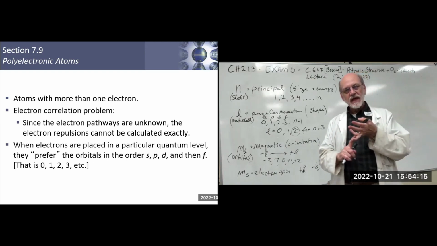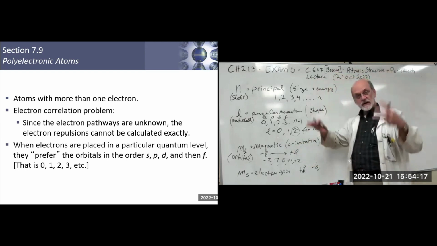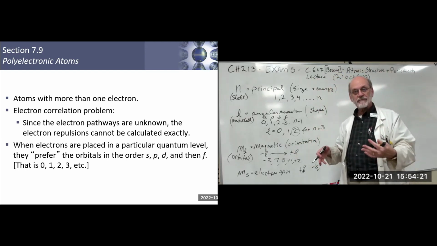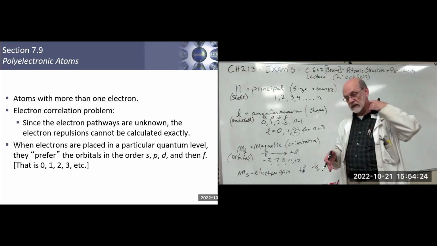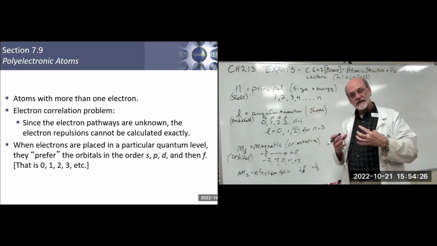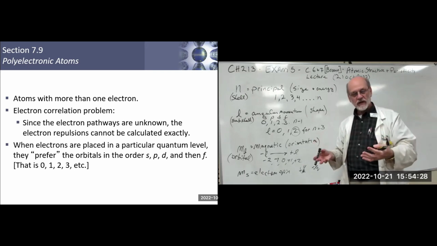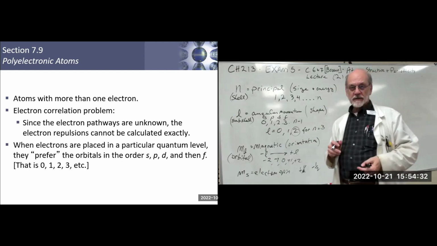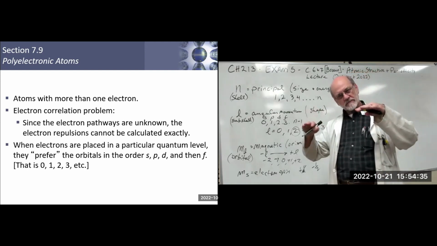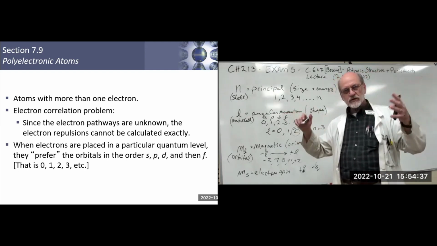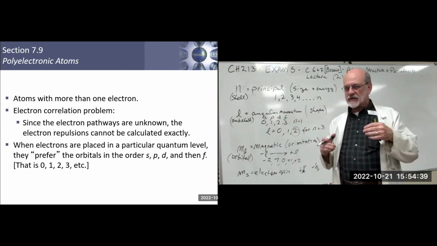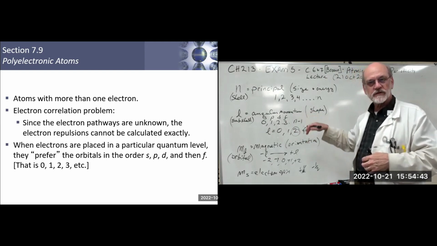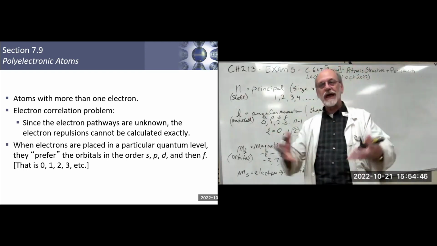Polyelectronic atoms have all these negative charges out here, and they naturally have a repulsive impact on each other. The protons draw them in, but they repel one another. So the energy levels are not fixed. They're generally in the same region for any two different elements, but they're not exactly the same. And it's because you have all these repulsive forces acting in that electron cloud.